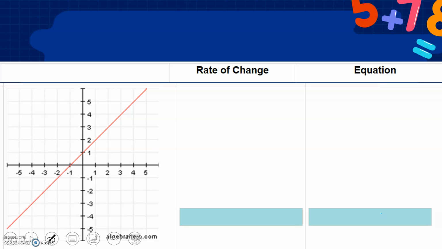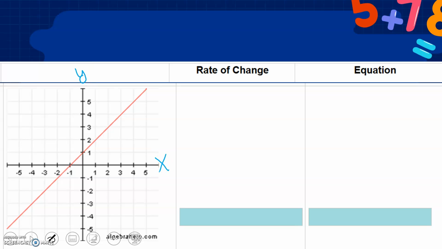Now here, since we already know how to find our rate of change, we're going to continue by expanding that to understand how to get the equation. The first thing we want to do is identify our graph with our y and x axis, so y and x.